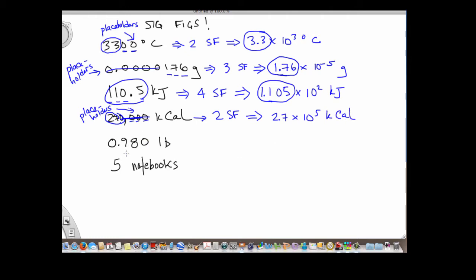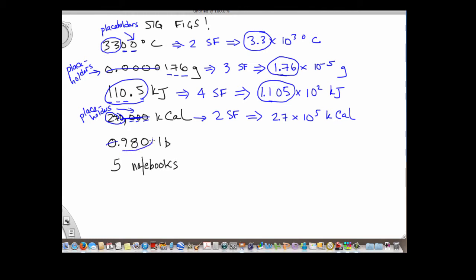In our fifth example, 0.980 pounds. The leading zero here is a placeholder. It is not significant. It's only telling us how small that number is. However, the trailing zero after the decimal place is telling us how precise that number is. Essentially, it's telling us that we made this measurement with an instrument that can measure out to the tenths, hundredths, thousandths of a place.